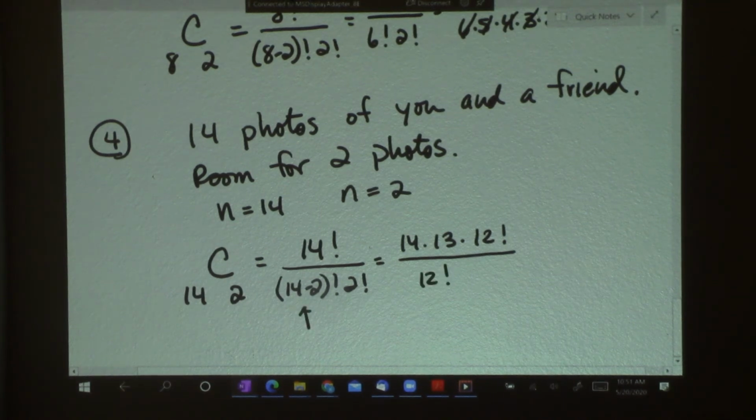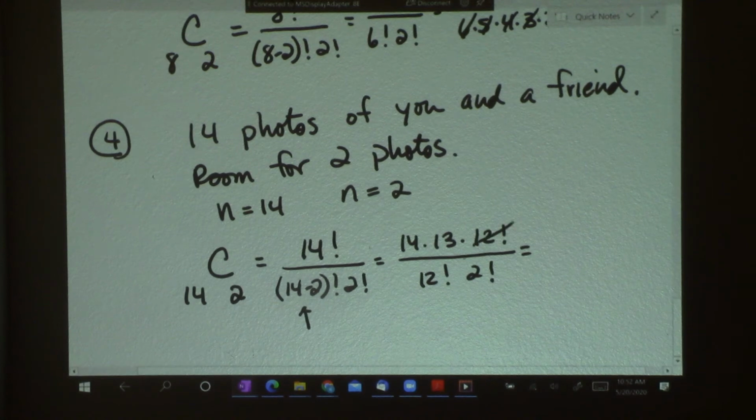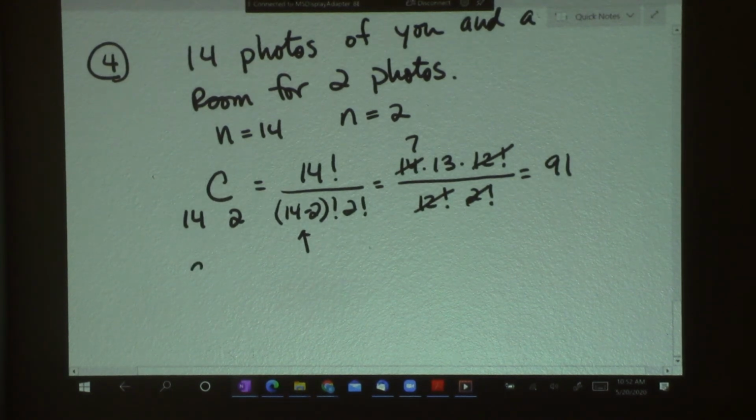It's 12 factorial. Instead of writing it all out now, I've gotten good at this. I understand it well enough. I can do a little bit of shortcuts. So I'm going to just cross those out. And then 14 and 2 I can cancel to 7. And 7 times 13 is 91. So there are 91 possible outcomes.